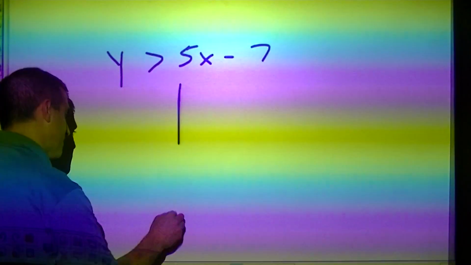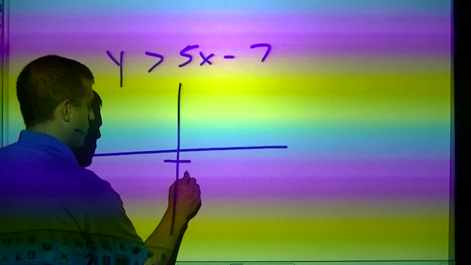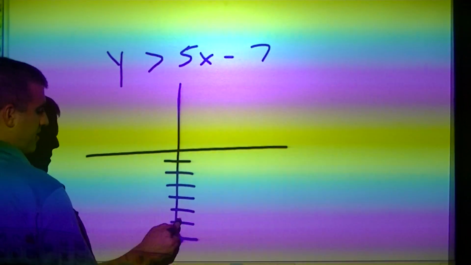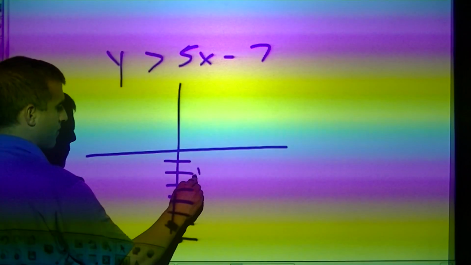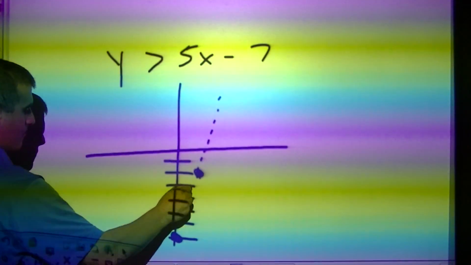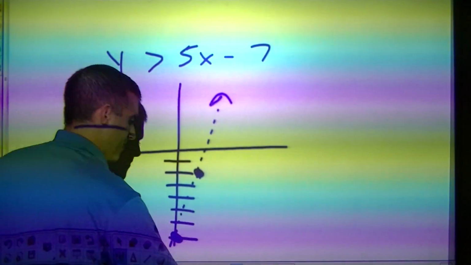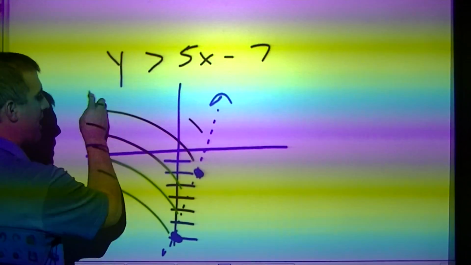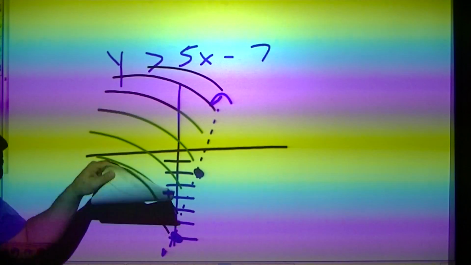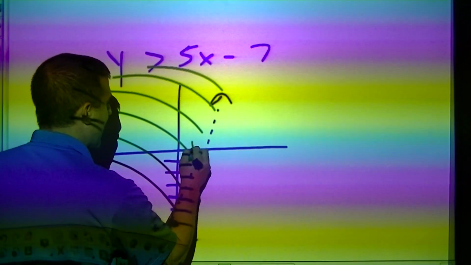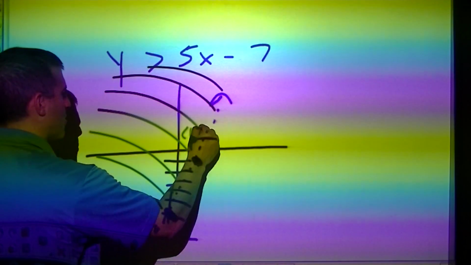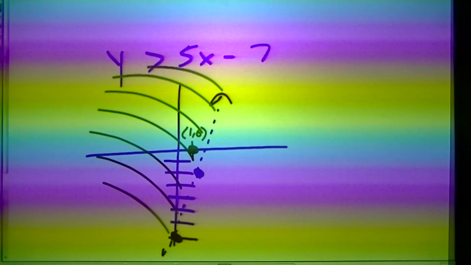If I had something like that, I'd start down 7, then up 1, 2, 3, 4, 5 over 1. Dash line. Since it's y greater, I'm shading above. Now, what that means for me, pretty simply, is this. If I were to pick any point, let's say a point right there. Let's say that point's 1, 0, which I believe is going to work for us.